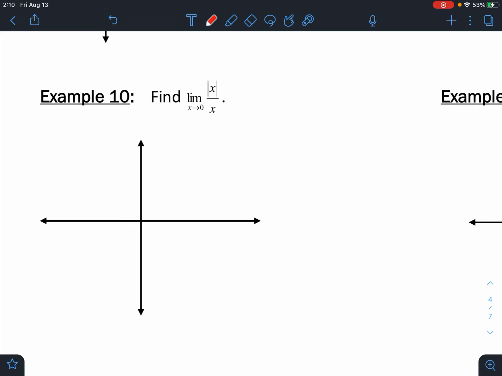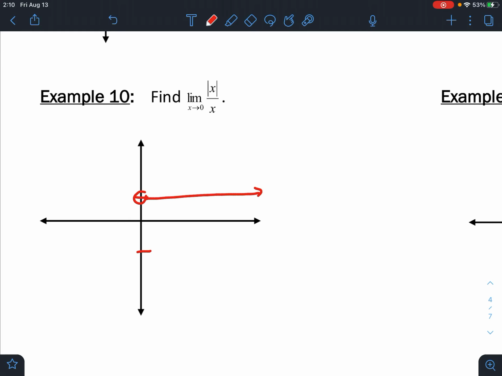Number 10, we have the absolute value of x over x. Okay, you may be able to graph this without a calculator, you may not. If you need to put this in a graphing device, go ahead and do that. But our graph here should basically always be 1 or negative 1. The numerator will always be positive. So to the right side of 0, we're going to have a graph that looks like this.